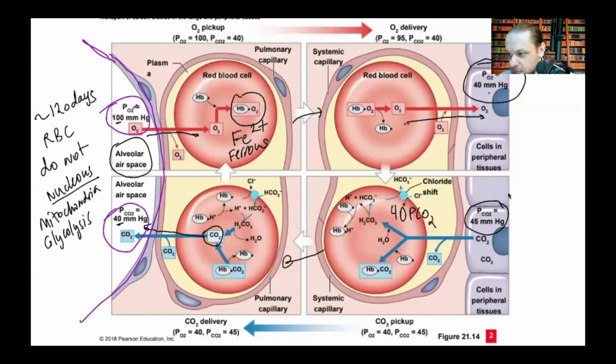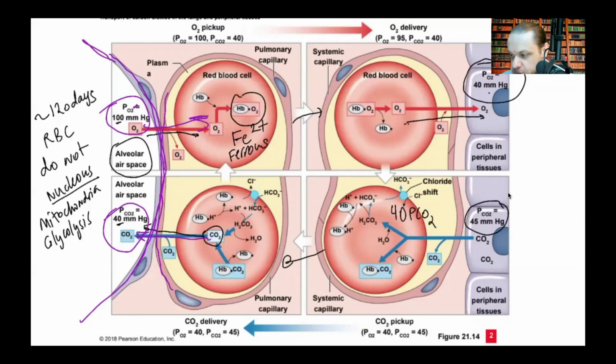You see how the red blood cell comes into contact with the alveolar tissue. This is where the pulmonary capillaries are, with simple squamous epithelium, so you have good gas exchange. The red blood cell comes in, and from high to low pressure, oxygen is going to get loaded, and CO2 is going to get offloaded.